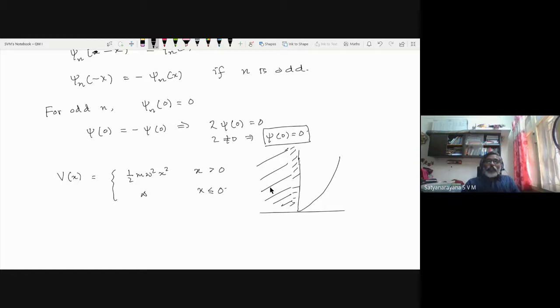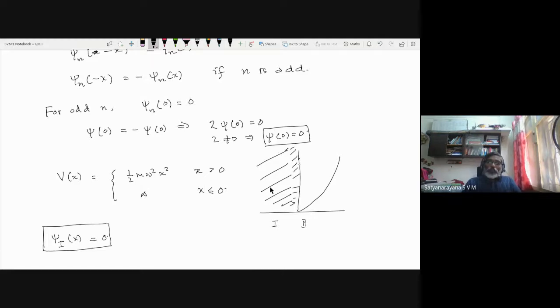Now you think of region 1 and region 2. In region 1, psi 1 of x has to be equal to 0, because the potential is infinity, the particle will not come to that region at all. There is no probability that the particle is in that region. So psi 1 is 0.